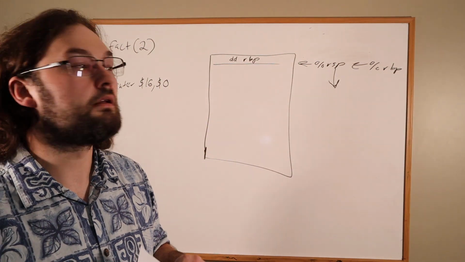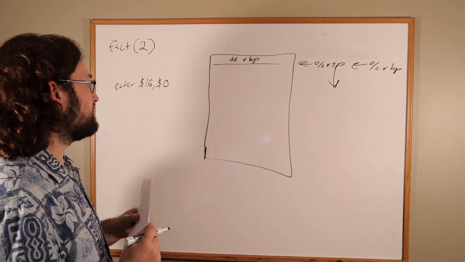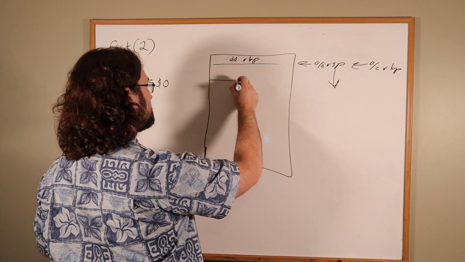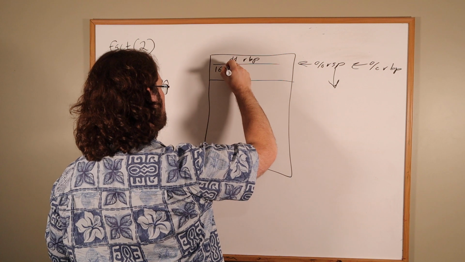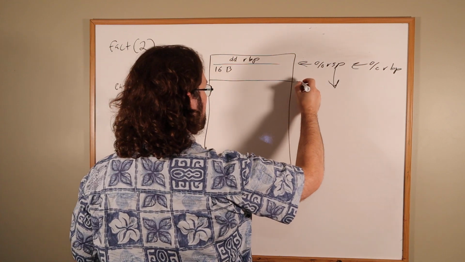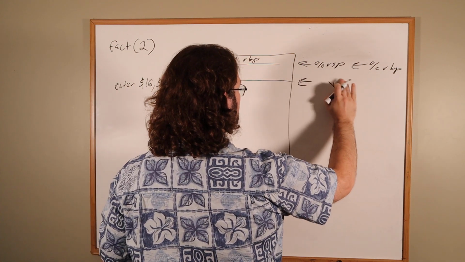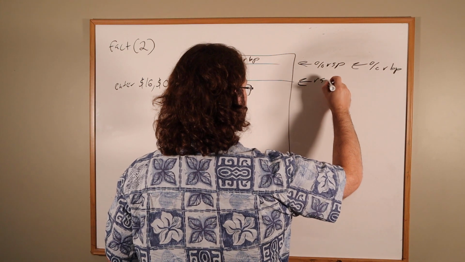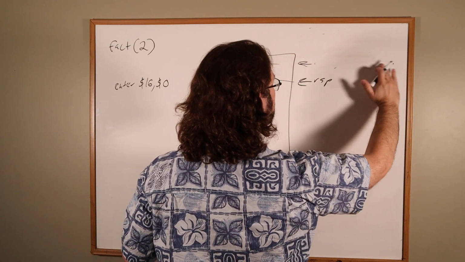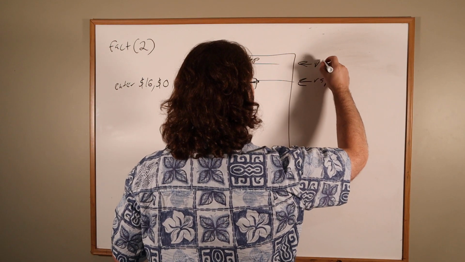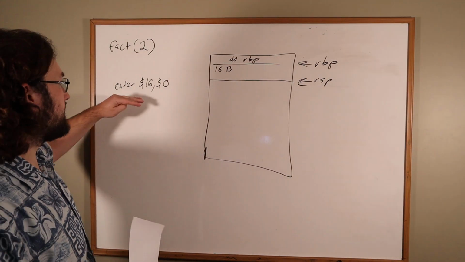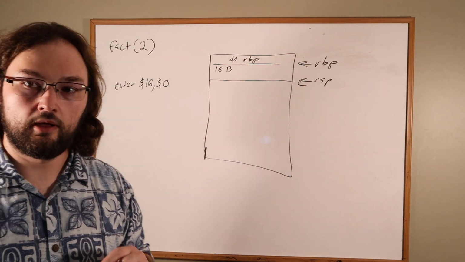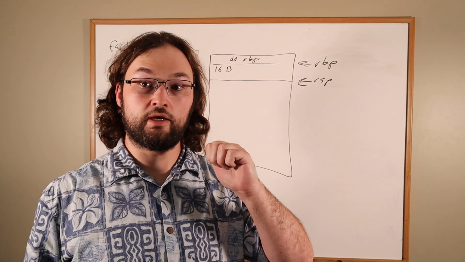And then we're requesting 16 bytes. So at this point, we're going to have RSP point here and RBP points here.